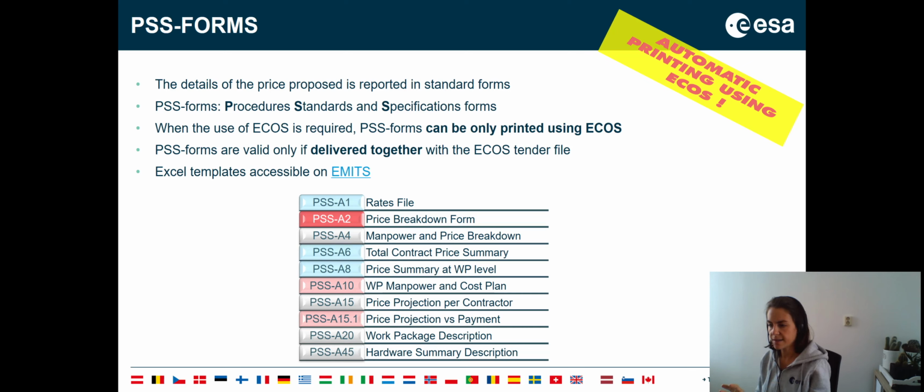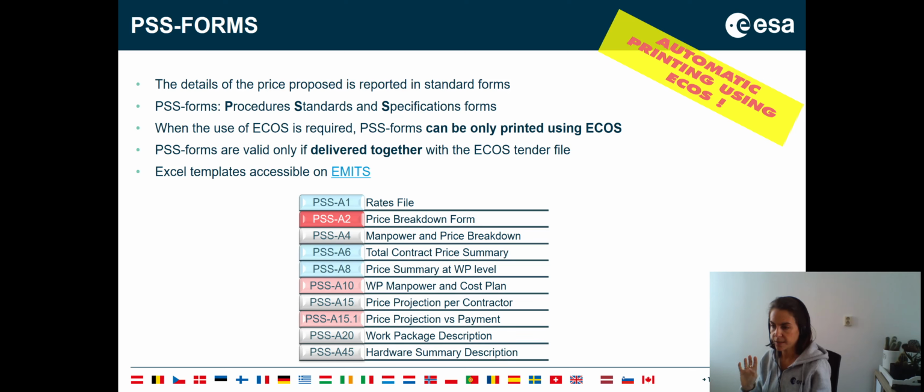The PSSA 8, that breaks down the price summary at work package level. And all the reports I left in gray are also important and could potentially be requested, but it's more rare. Therefore, for the purpose of this training, we want to target the most important.